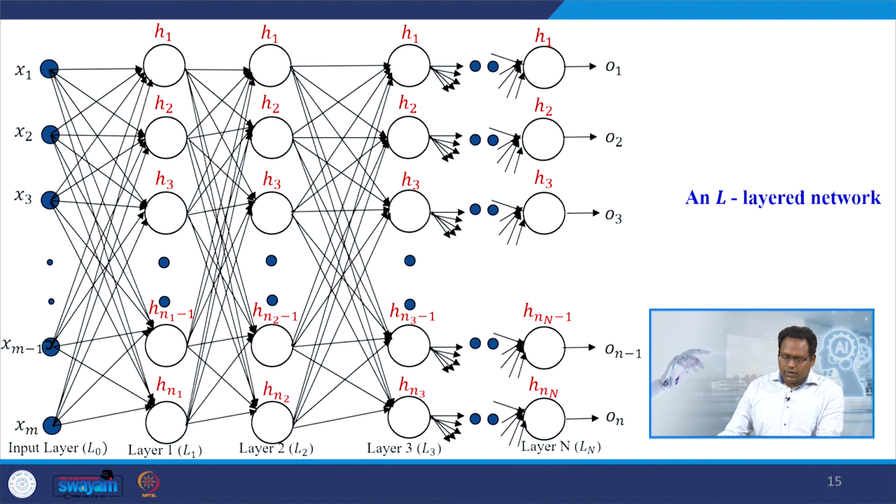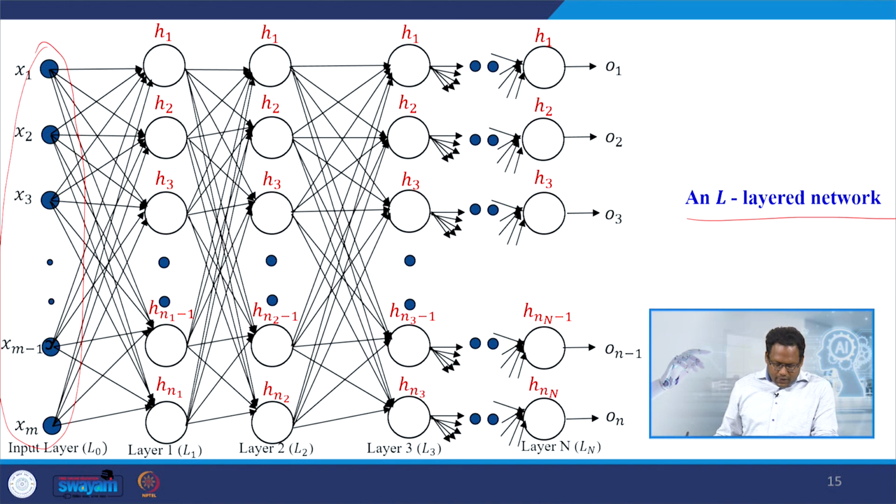Next, let us see the architecture of the fundamental neural network. Let us take an L layered neural network. You can see the input layer where the inputs are x1, x2, x3 up to xm, which means m inputs.